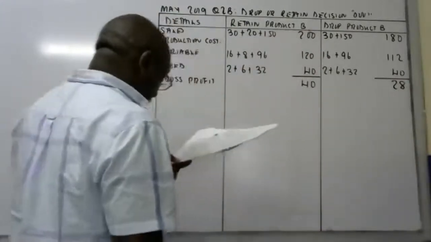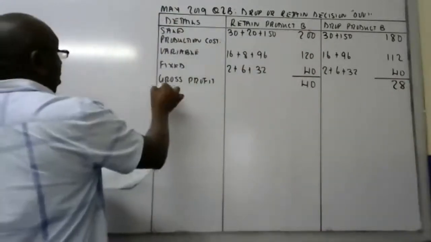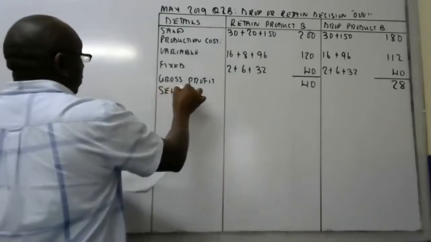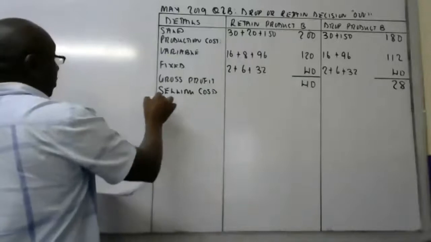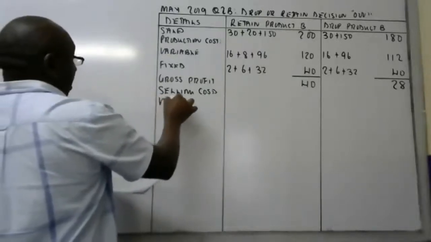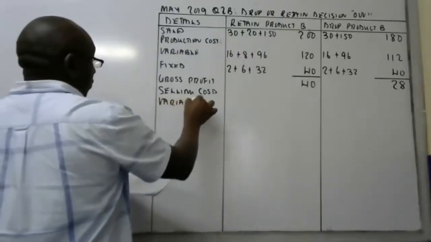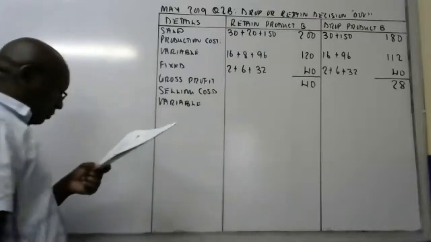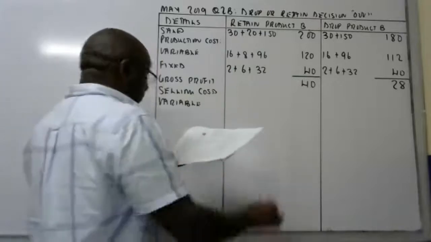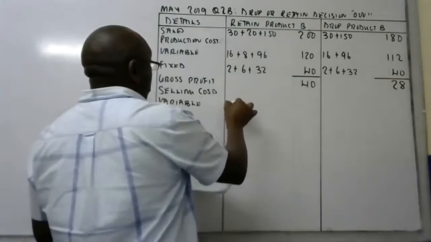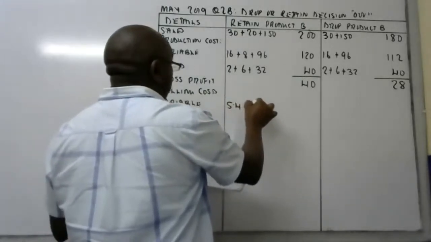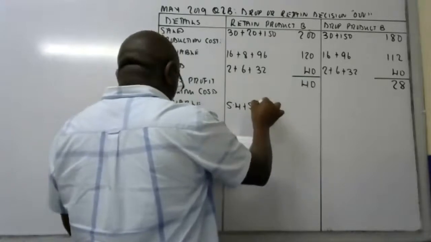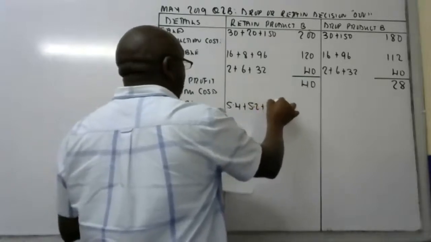Then after the gross profit, we bring selling costs. First of all, we have the variable. Variable is 5.4 plus 5.2 plus 5.4.